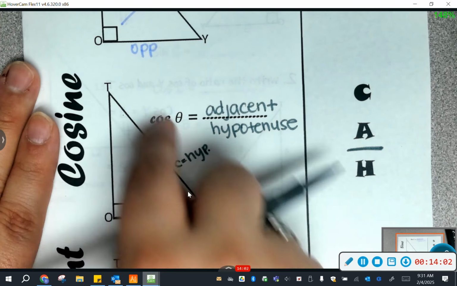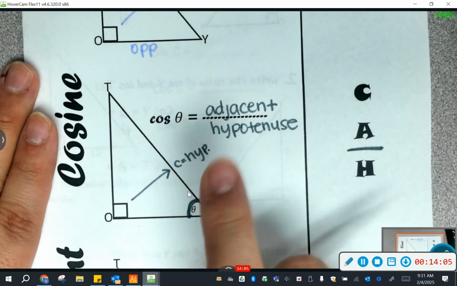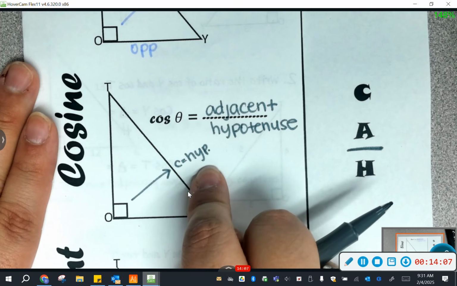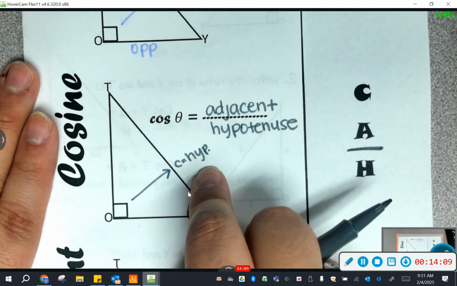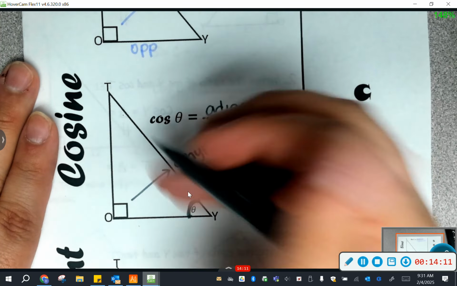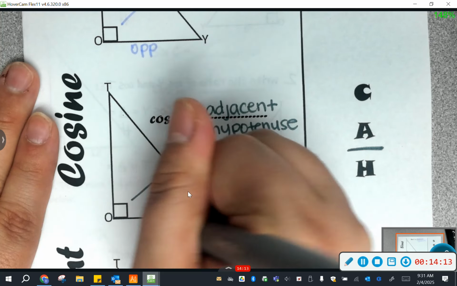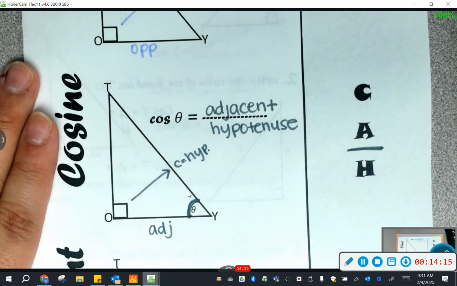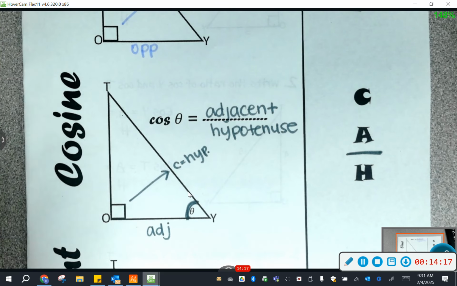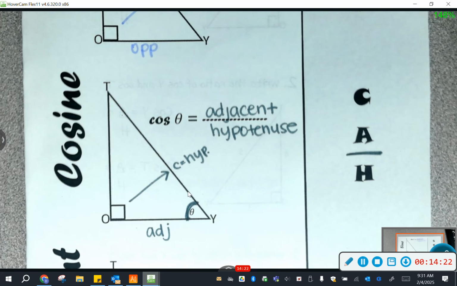So TY is adjacent. However, what is TY already? The hypotenuse. So we're not going to label that one adjacent. So OY is my adjacent side. It is right next to that. And this will make more sense as we do examples, I promise. It's your first day seeing it. That is cosine.